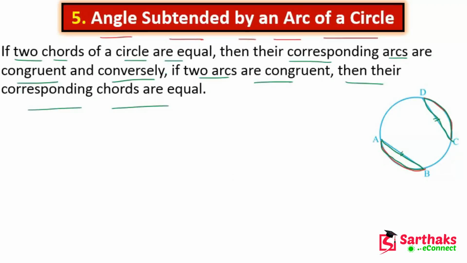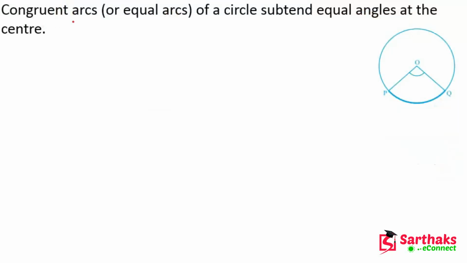Now the next is, congruent arcs or equal arcs of a circle subtend equal angles at the center. Let's suppose we have an arc PQ, and with the help of this arc there is an angle POQ.